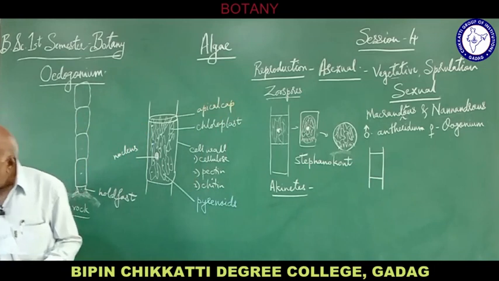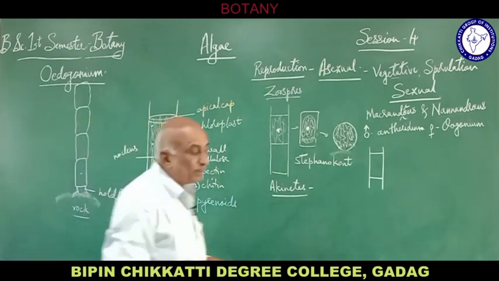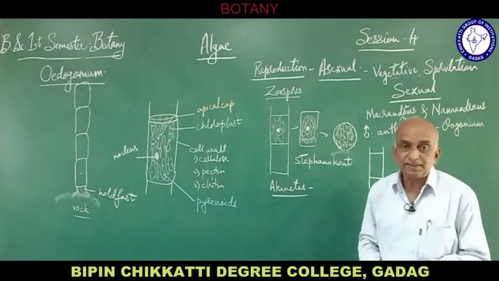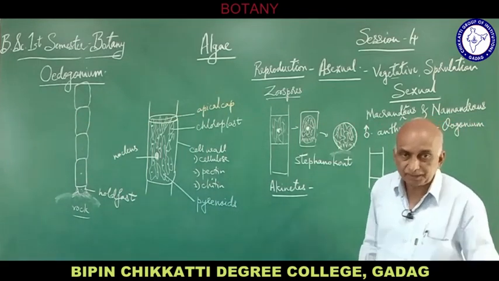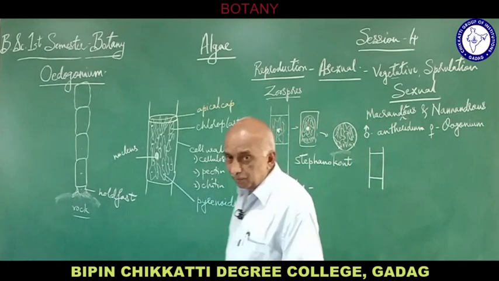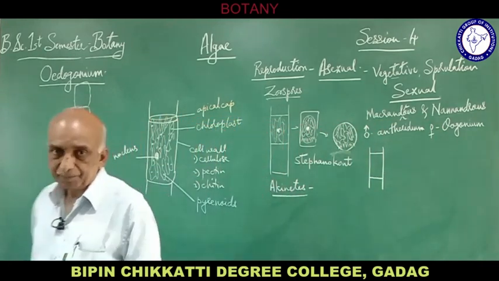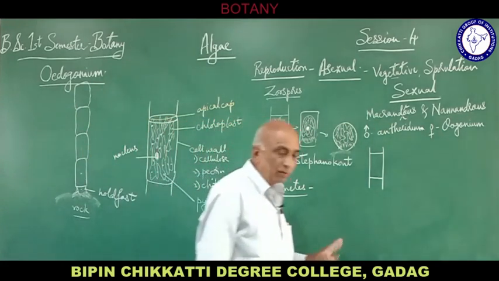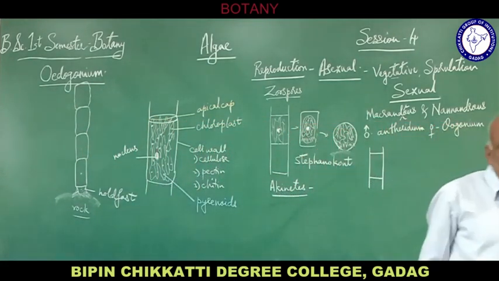So that means that a ring-like structure is actually made up of hemicellulose, but hemicellulose is not present in the cell wall. We have already mentioned that the cell wall is made up of cellulose, pectin and chitin. Inner there is a cellulose, middle there is pectin and outer there is the chitinous layer.